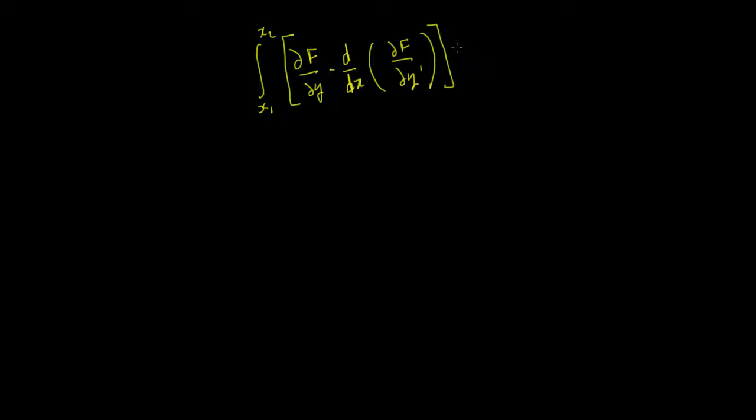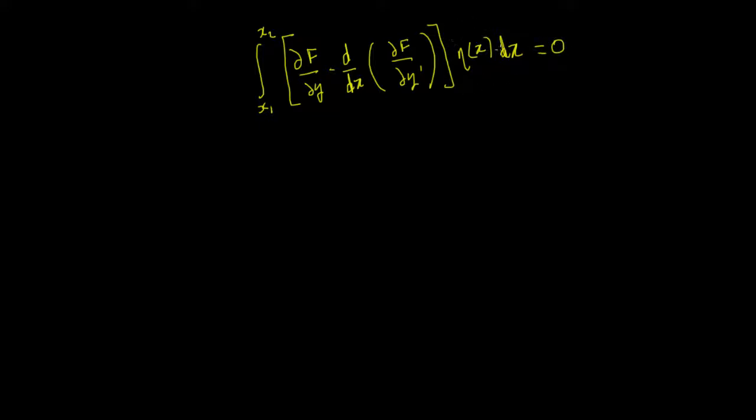We left it last time saying if you had the integral of the form integral from x1 to x2 of partial f by partial y minus d by dx of partial f upon partial y derivative, all times some other function beta of x by dx, in order to make that whole thing equal to 0.